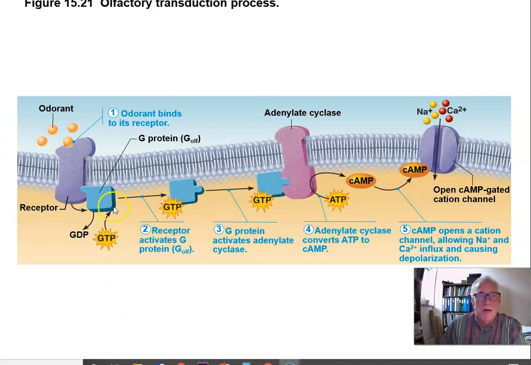It's a G protein coupled receptor, so we activate a G protein, which turns on the adenylate cyclase enzyme. Adenylate cyclase causes cyclic AMP to accumulate in the cytoplasm, and that causes channels to open and depolarize that cell. So it's just like an indirect neurotransmitter effect, only in this case it's not a neurotransmitter, it's a ligand binding to its receptor on the olfactory cell.